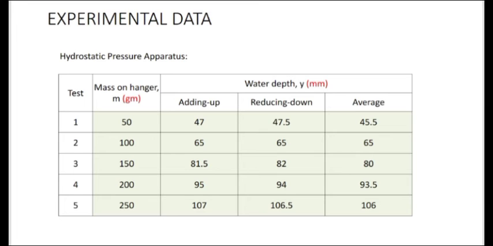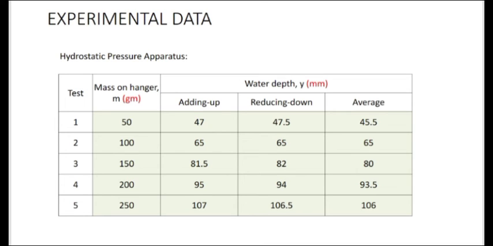Mass of hanger 100. Adding up 65. Reducing down 65 and average 65. Test 3. Mass on hanger 150. Adding up 81.5. Reducing down 82 and average 80.